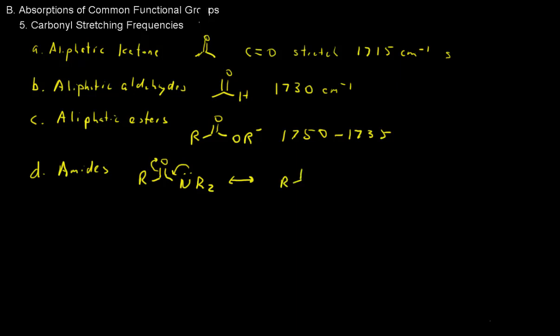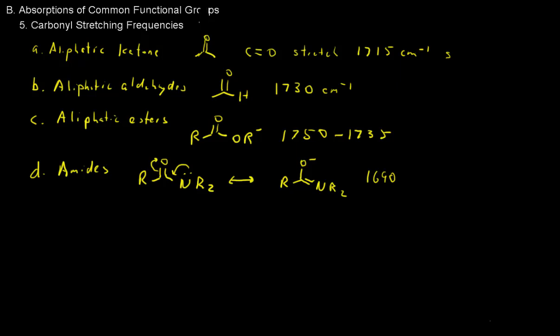This second resonance form has a single bond between the carbon and the oxygen. Because this resonance form contributes to the resonance hybrid, where you have a weaker single bond between the carbon and the oxygen, we see a stretching frequency in amides of around 1690. That's lower frequency.